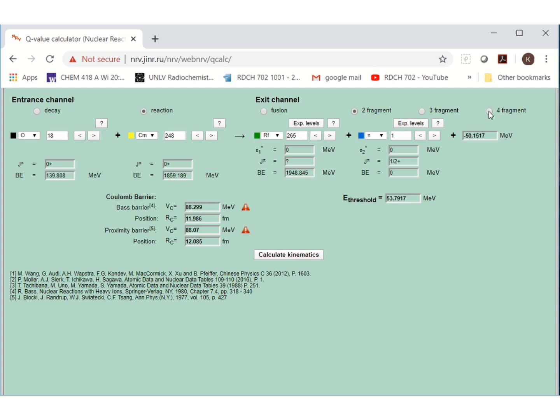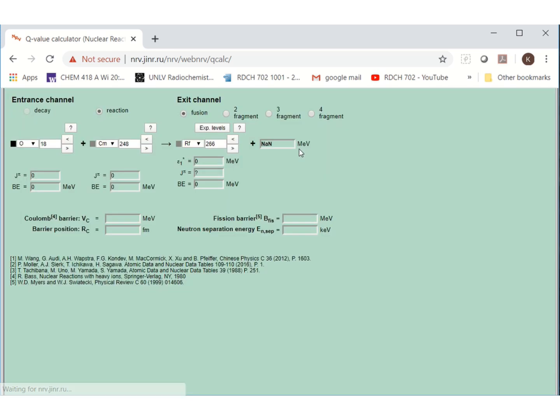But here I don't have enough fragments to run this, because each neutron is considered a separate fragment. But I could go to the fusion, and to make rutherfordium-266, this would be the Q value. You'd need to add a little bit more energy, but we'll describe that for the reactions.